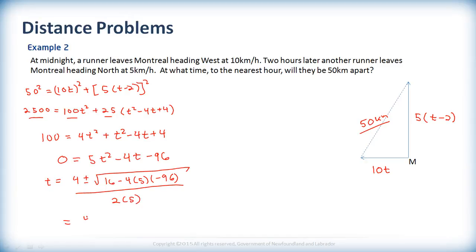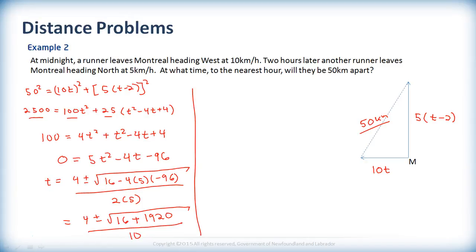And that gives us 4 plus or minus the square root of a bunch of stuff. 5 times 4 is 20. So 20 times 96, oh boy. I'm getting 1920. So we've got 16 minus, which now becomes plus because it's subtracting a negative, 1920, all over 10.